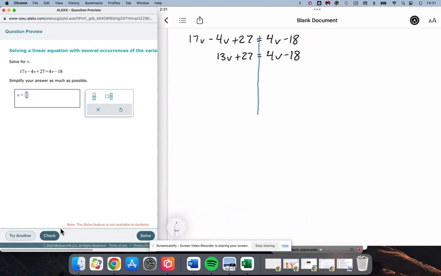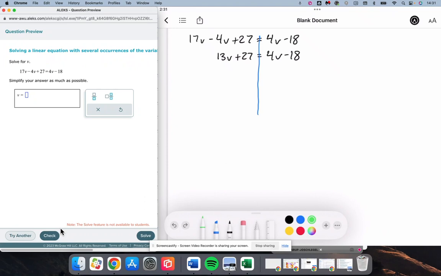And now what we've got is a condition where we have a choice to make. I could choose to subtract 27, or I could choose to add 18. Either one of those will produce a correct answer at the end of this, and it doesn't matter which one you choose to do.